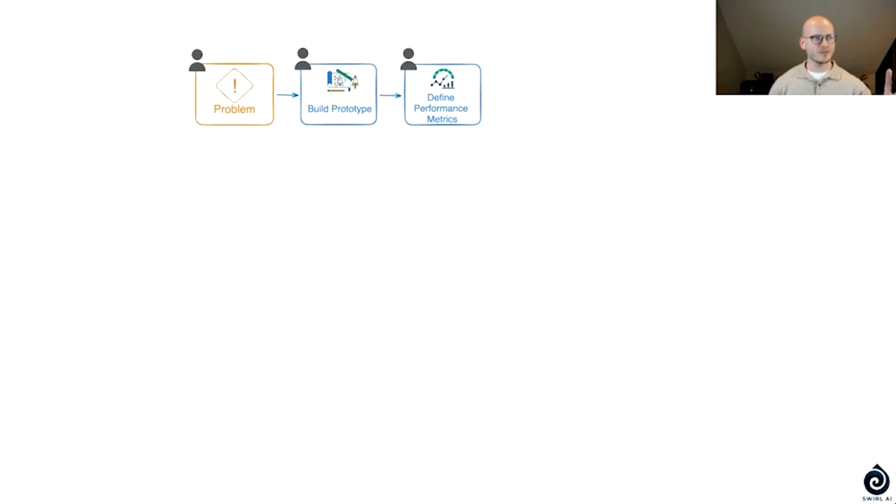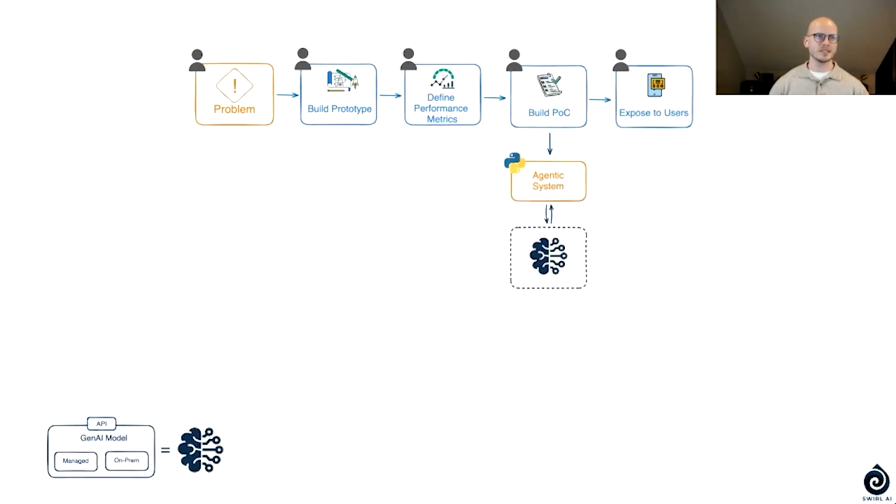Once we have built a prototype and defined performance metrics, our goal is to build a POC or MVP as soon as possible and expose it to our users as soon as possible. This is where we see many practitioners make mistakes, because a POC or an MVP can be as simple as it can get.